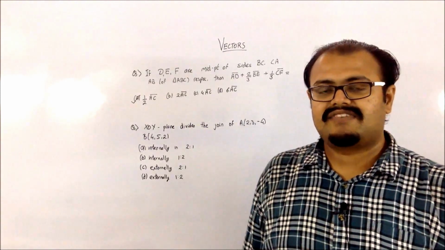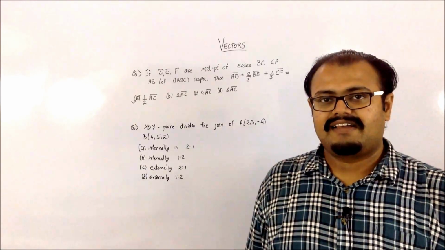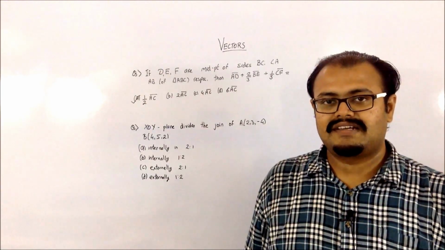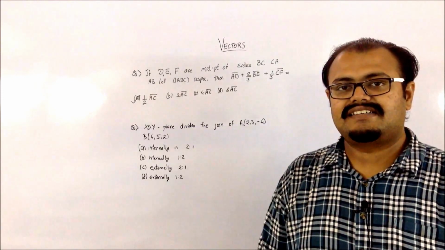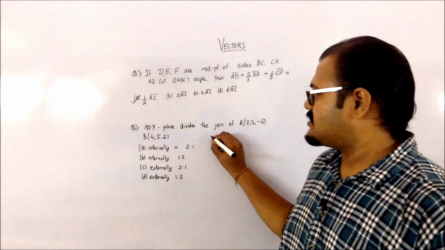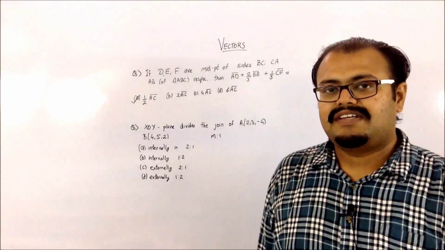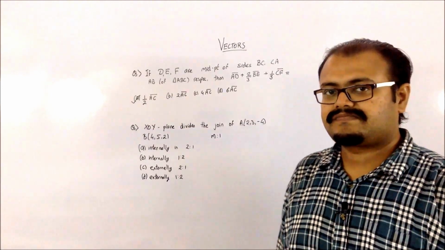So that is why if I have to apply the division formula for this, I have to equate the Z coordinate equal to 0. So let us take that they are dividing it in the ratio m:1. I have to just calculate what is the value of m, then accordingly I will get the ratio.